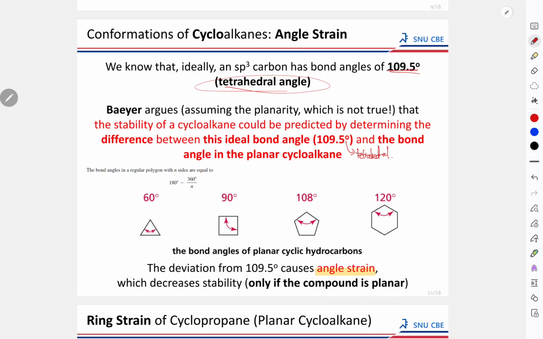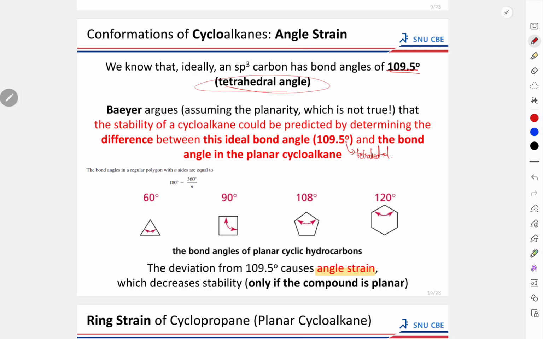So he argued based upon these molecules being planar, which is not true. But assuming they are planar, you can think about the bond angle between these, and this is 60, here 90, 108, 120. So from his argument, cyclopentane has to have the lowest energy.